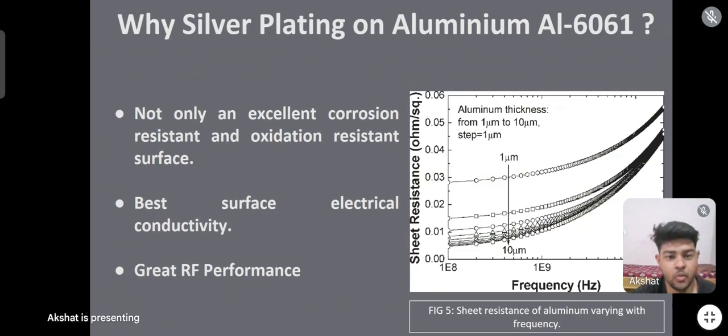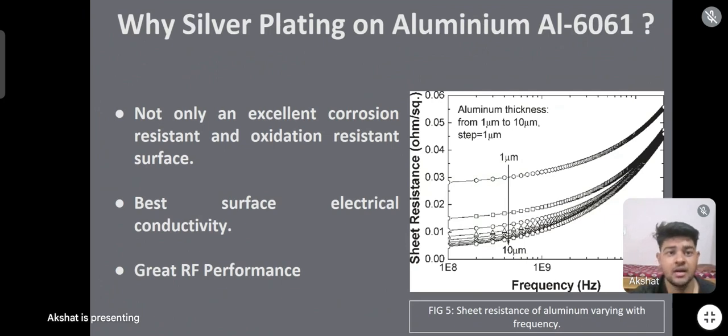Similarly, aluminum does not have an excellent corrosion resistant and oxidation resistant surface. Silver has the best surface electrical conductivity, and it shows great RF performance. That's why silver plating is done on aluminum Al6061.